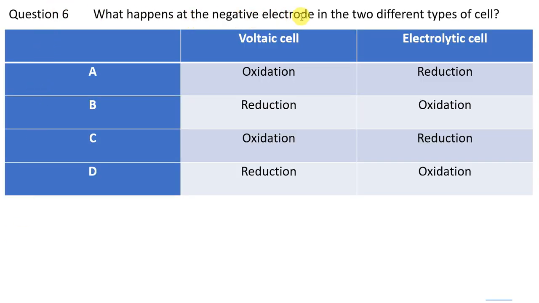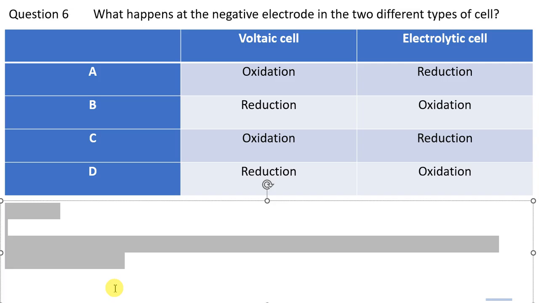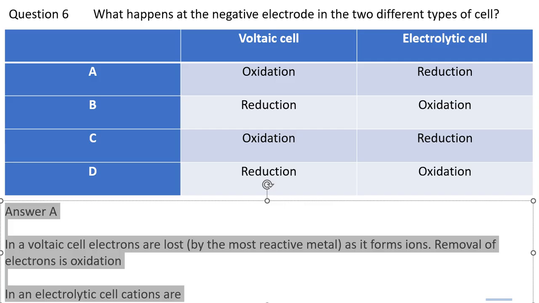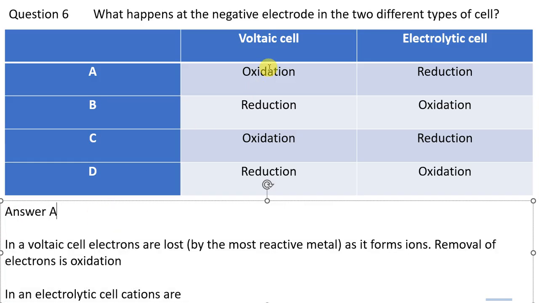What happens at the negative electrode in the two different types of cell? Pausing for a moment again. Okay, so here, in a voltaic cell, producing volts, electrons are lost as it forms ions.